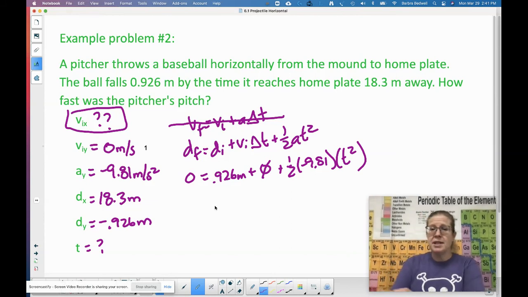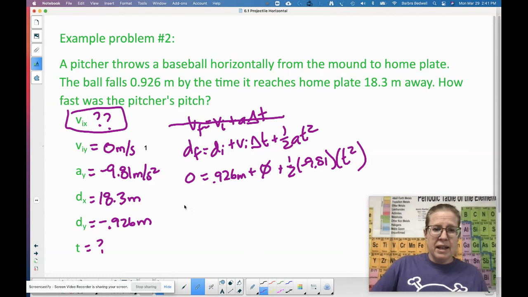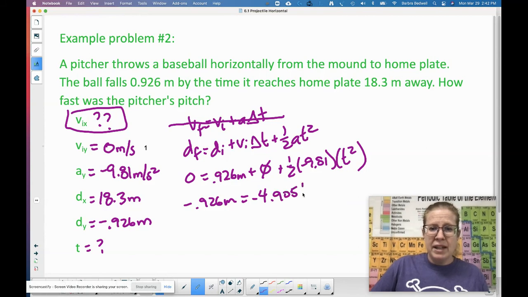And by the way, it is just the T squared, not the acceleration times T squared. So, once again, negative 0.926 meters, our delta y, is equal to negative 4.905 T squared. You'll get used to seeing this number over and over again.